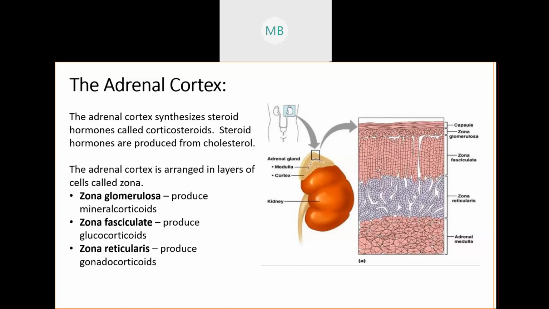The next layer down is called the zona glomerulosa, and I know that looks like a terribly weird word, but it's called the zona glomerulosa because that zone produces mineralocorticoid hormones, aldosterone being the main one of them, and aldosterone controls a part of your kidney called the glomerulus, which is a major part of the filtration of your kidneys.